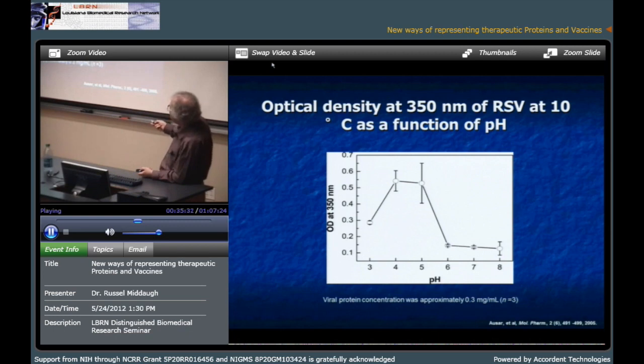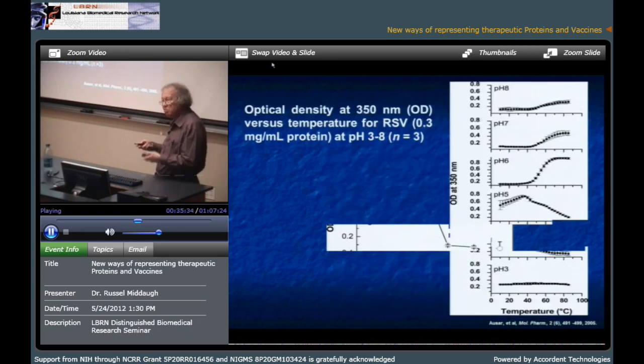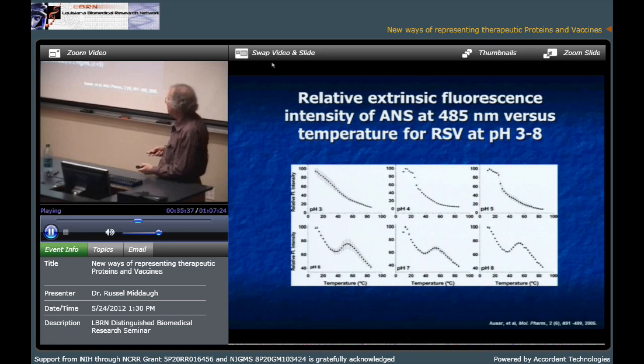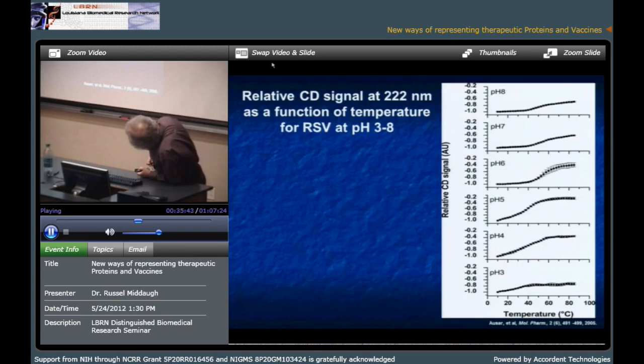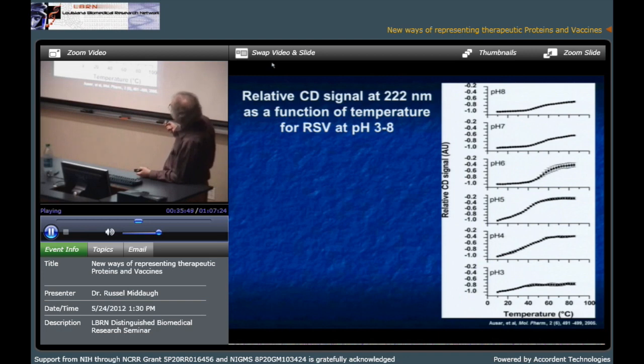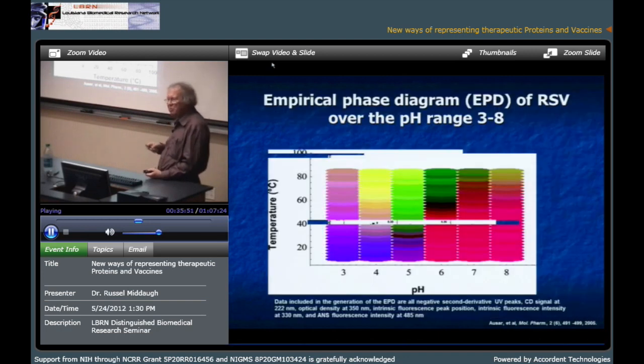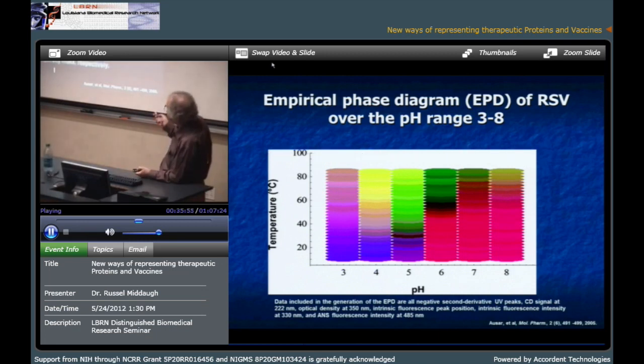There's a little bit of turbidity here because the virus is big particles, so it scatters a significant amount of light. Okay, here's more optical density. Here's fluorescence intensity, and here's relative circular dichroism measurements. You can see how broad the transitions are, and that's because you're seeing a sum of transitions in this case. I won't go through all the data.